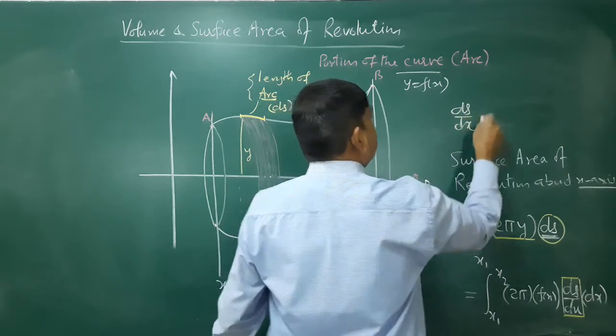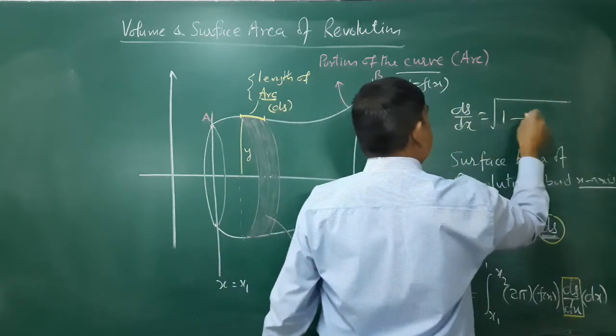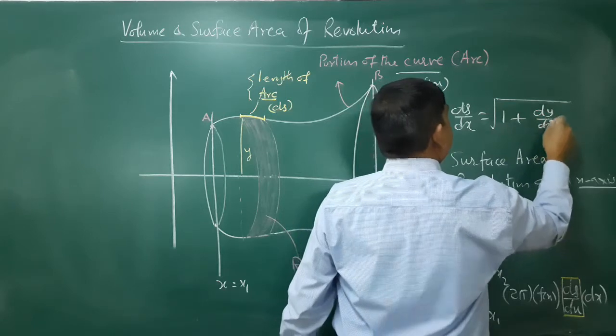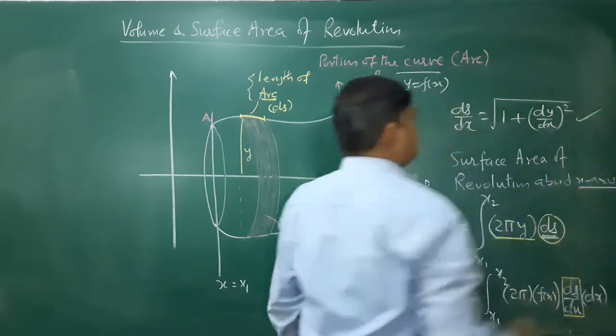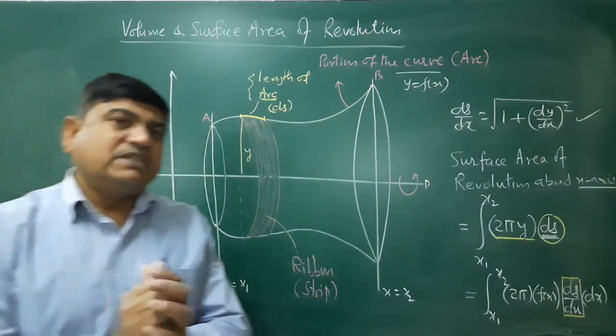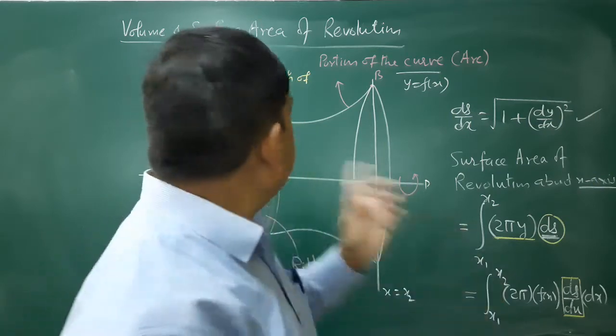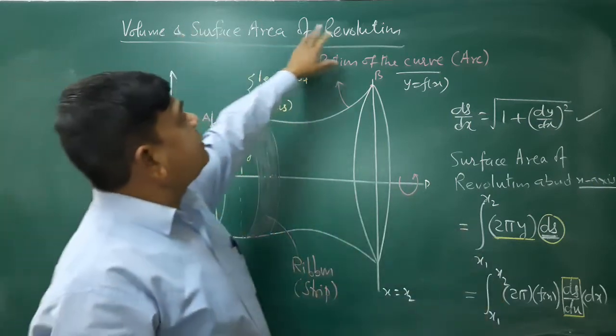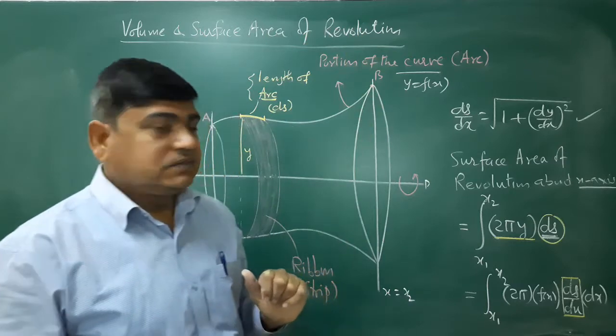From calculus we have already done that ds by dx is root of 1 plus dy by dx whole square. So this is the complete process to find the surface area of revolution.